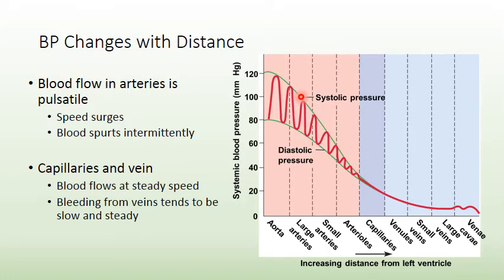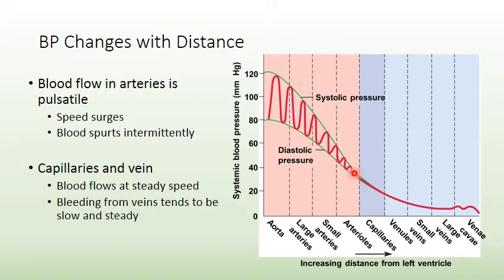So we're going to see a continued decrease in pressure as we move to the small arteries. Again, much lower pulse pressure here, so maybe down into the 10 millimeters of mercury difference between a contracting heart and a relaxing heart. In the arterioles, we begin to see virtually no difference at the end, so maybe very tiny pulses between diastolic and systolic readings.